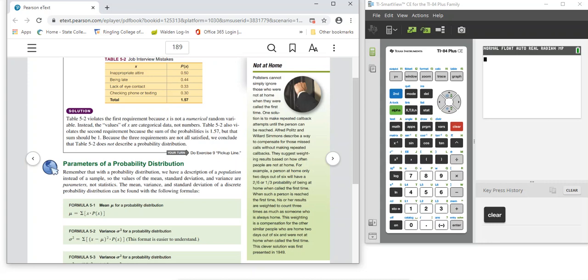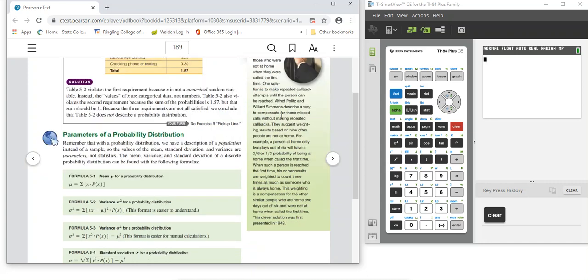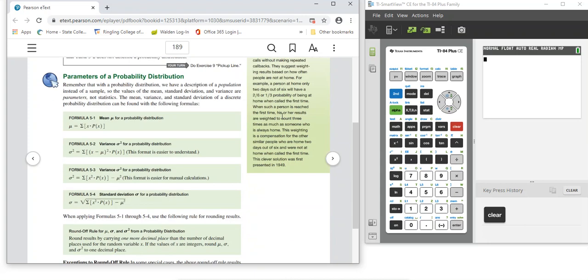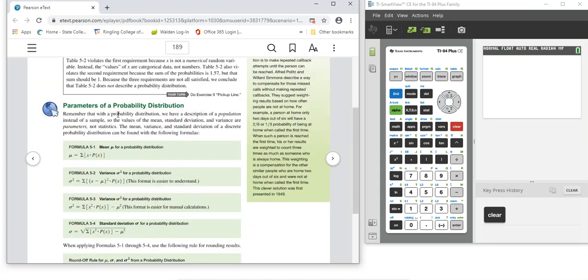Now, if we have a table and we have some probabilities, one of the things that we always like to find with discrete random variables are the mean and standard deviation, just like when we had a set of data values. And you'll see some formulas here. The sum of the x times the p of x.